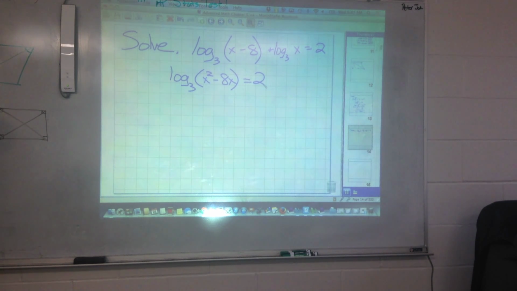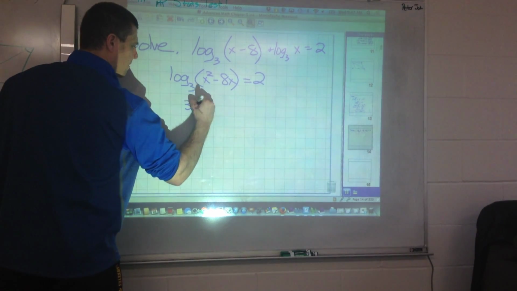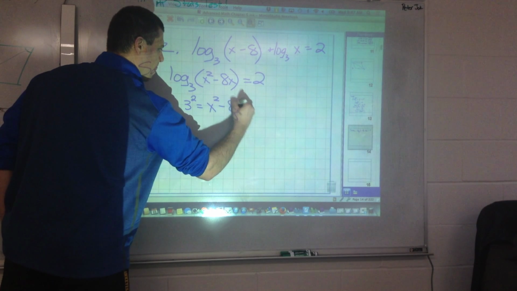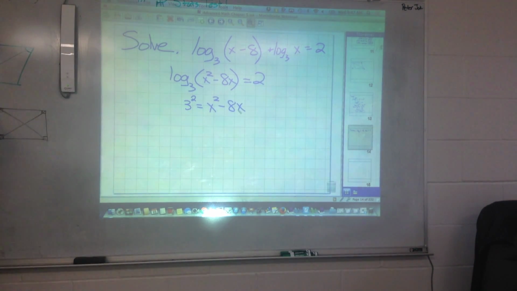What do we do next? Change forms, right? What would we get if we change forms? 3 squared equals x squared minus 8x.